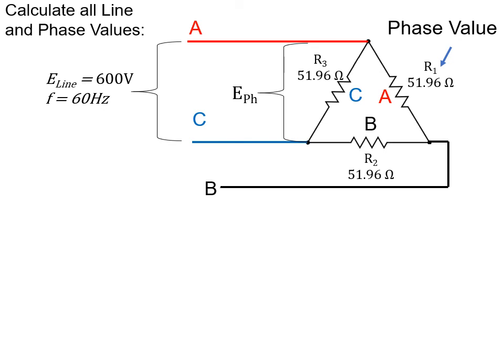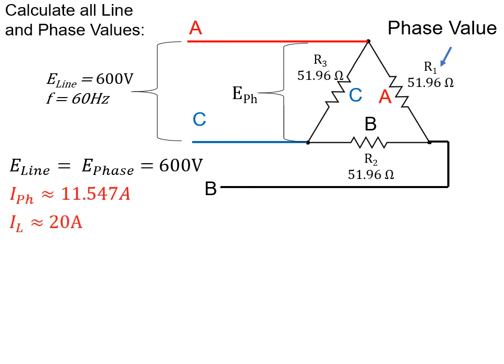Now how about in our delta configuration? In our delta, our line voltage and our phase voltage are the same, 600 volts, which resulted in a current, and I said approximately 11.547, and that's a fairly accurate approximation, will result in a line current of 20 amps.